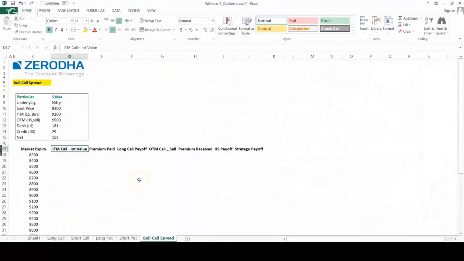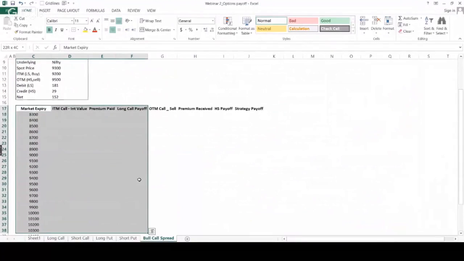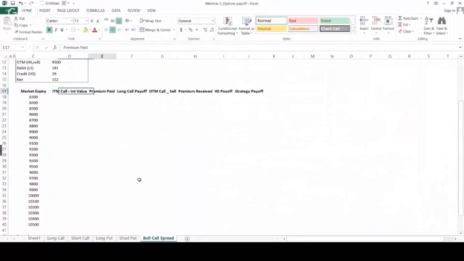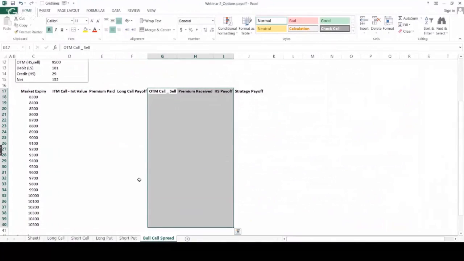What I'm essentially trying to do is calculate the payoff of each leg of the option separately. This will be the payoff of one option, the long call, and this will be the payoff of the other option, the short call. And I'm going to add up these two payoffs to get the strategy payoff. Okay, so let's do that.